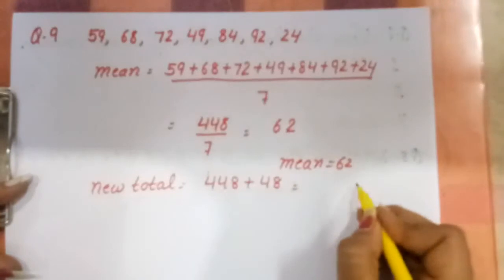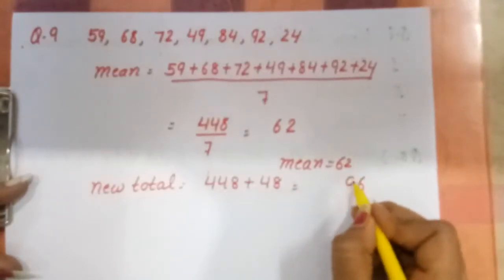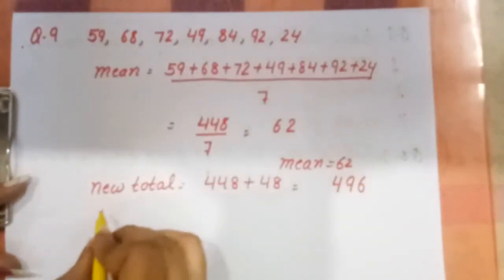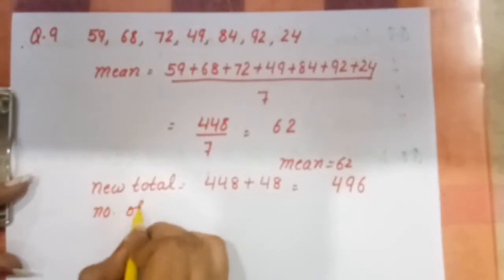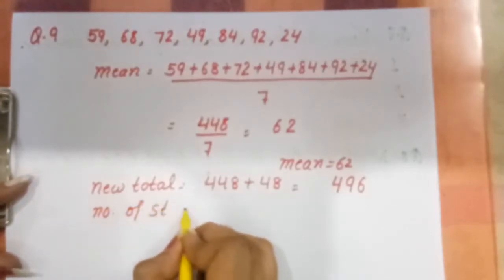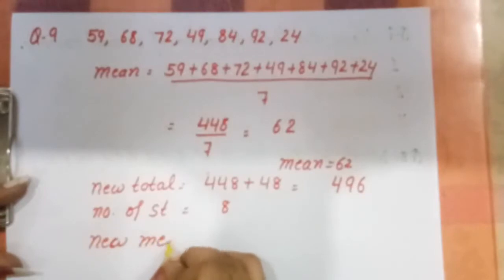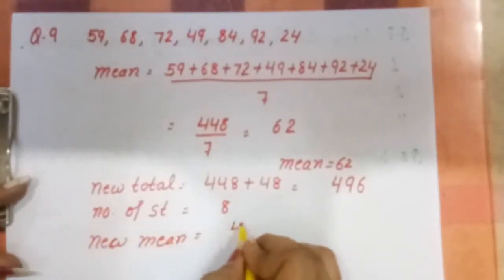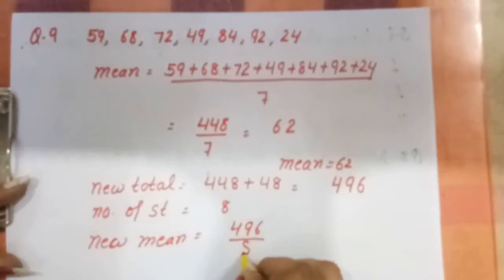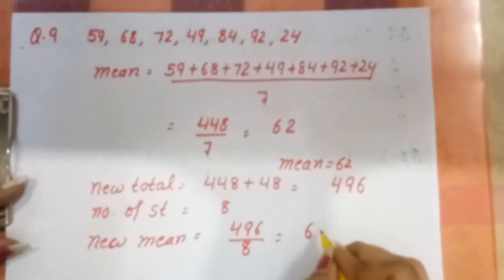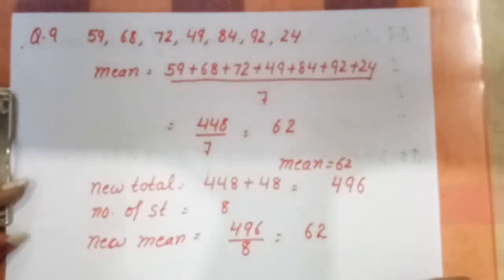So your new total is 448 plus 48, and that is 496. The number of students is 8, because we have included one student. Now the new mean is equal to 496 divided by 8. 8 6s are 48, 8 2s are 16. So your new mean is equal to 62.